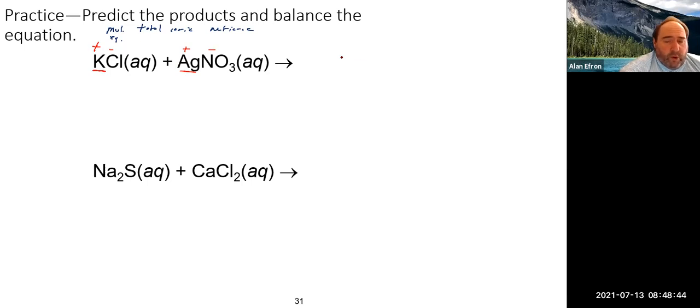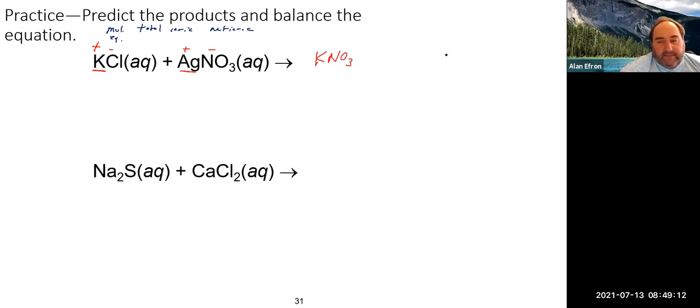Again, when you are writing the formulas for your products and they're not given to you, you want to do it in the order we've been talking about. So first, regardless of balancing, we want to make sure that we put up the right formulas. The K, which is potassium, group 1, so K+, and nitrate, which is -1, would come together to make potassium nitrate on this side.